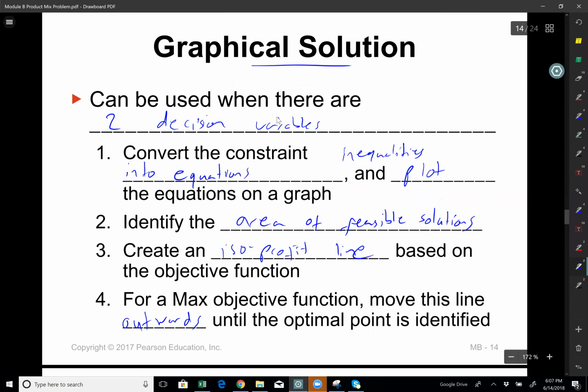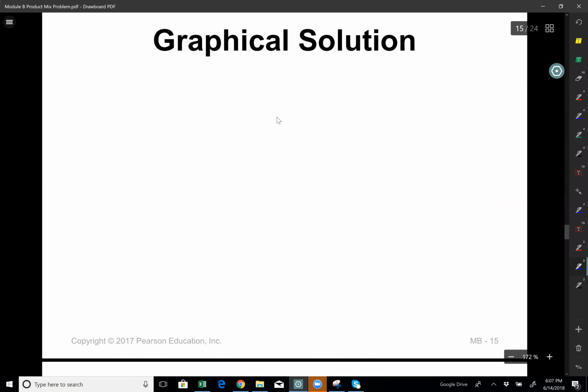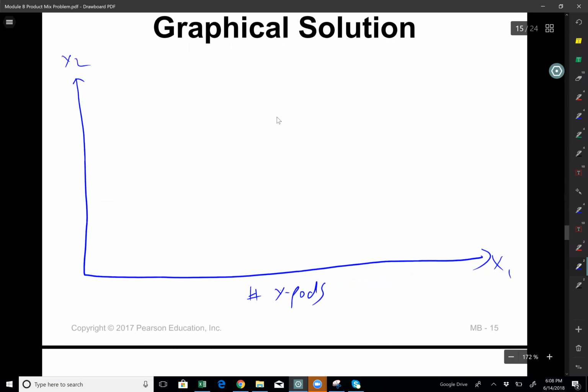All right. So let's look at an example. So we had two constraints. Let me just draw the y-axis and x-axis here. On the x-axis I put number of XBots, or x1, produced. On my y-axis, I will put my x2 variable, which is the number of blueberries produced.